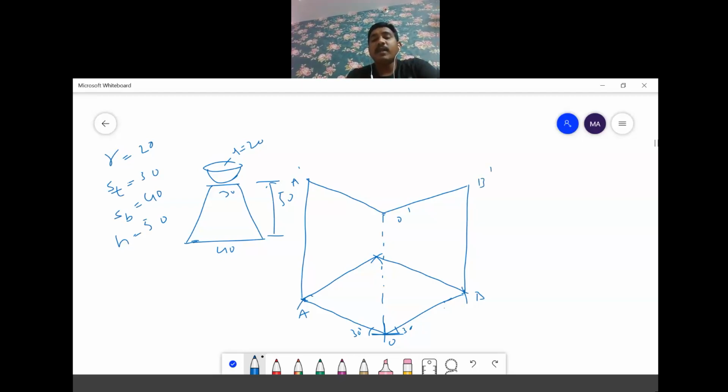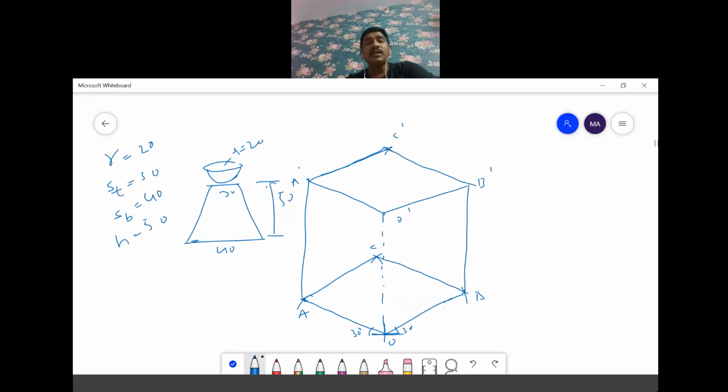Then using the compass, I draw an arc of 40 from B dash and from A dash and join them. Or you can use the drafter: fix OB and draw a parallel line, fix A dash O dash and draw a parallel line. These two will meet at this point, which I take as P dash.